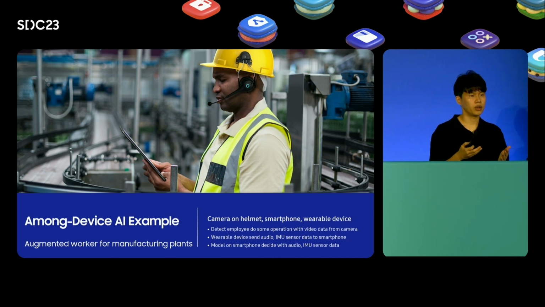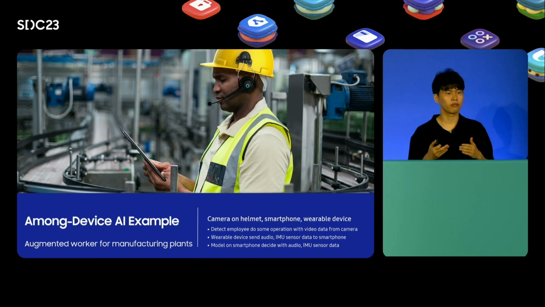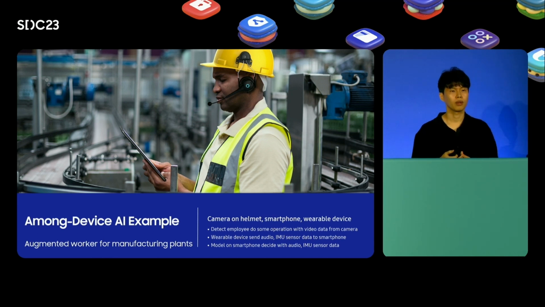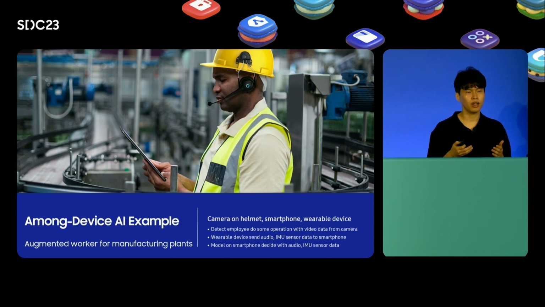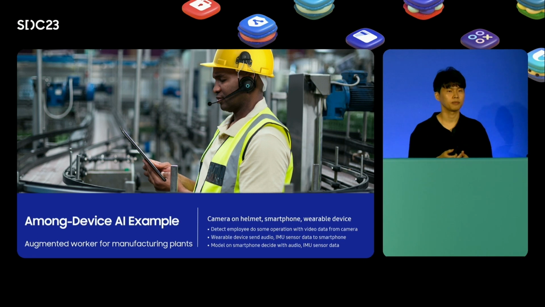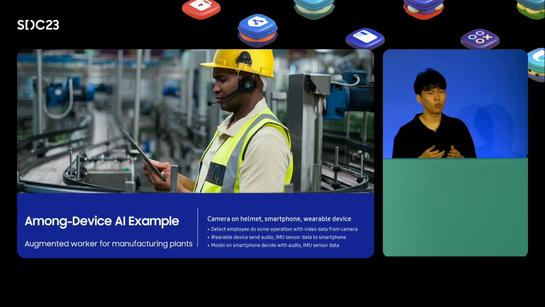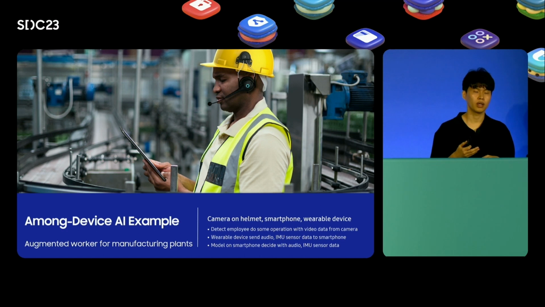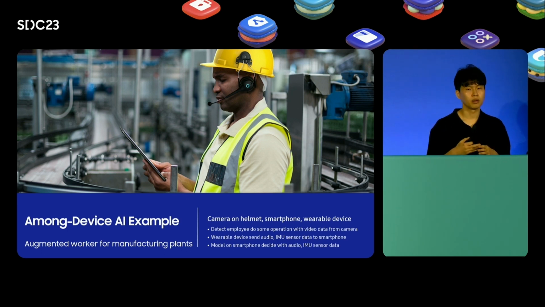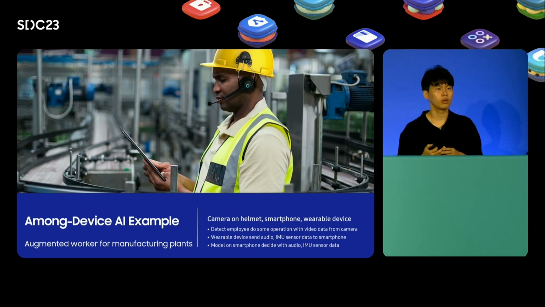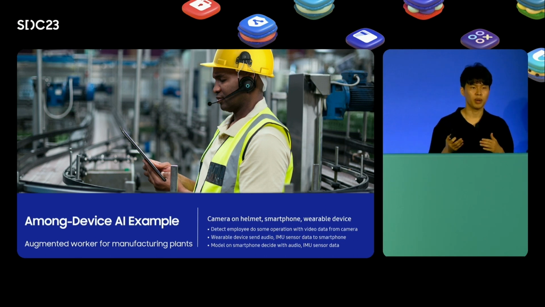Then the object detection model on the mobile phone will detect the operation of the worker. When it detects the operation, it sends the related information to the wearable device. Then the wearable device will send audio data and IMU sensor data to the mobile phone. Another model on the mobile phone will then decide whether the last operation was appropriate or not based on the gathered data.